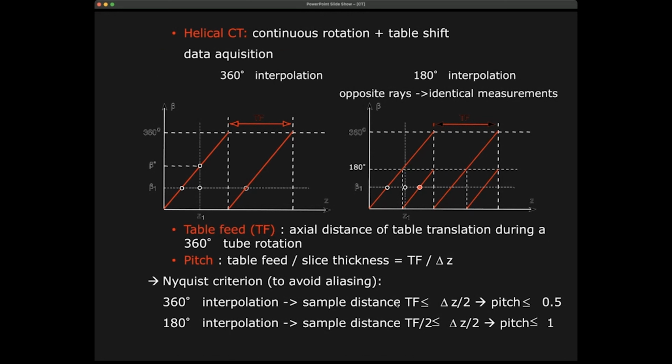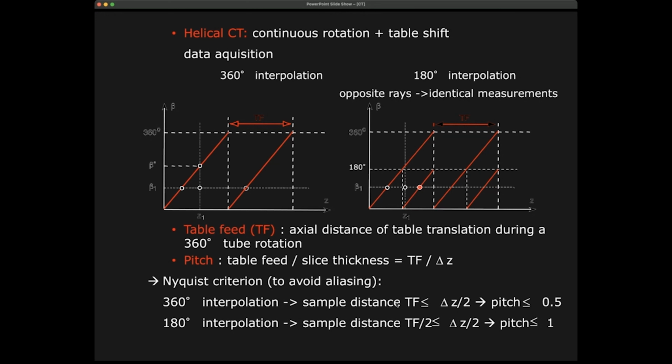So the thing that people then said is, to do this kind of scanning, stopping, shifting, scanning, stopping, shifting, let's make this a little bit more efficient, and let's do continuous scanning and continuous sliding of the table. This is what we call a spiral scan or a helical scan. So we have the scanner, and in the scanner we have the X-ray source and the detector that are constantly rotating.